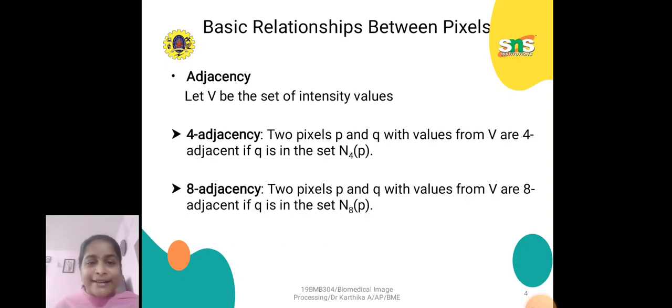Okay, next is adjacency. Let V be the set of intensity values, and we have 4 adjacency, 8 adjacency and M adjacency.